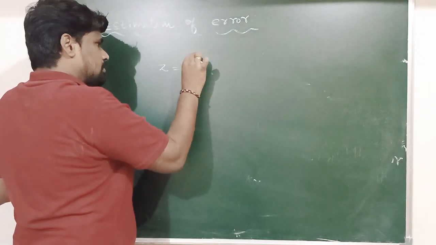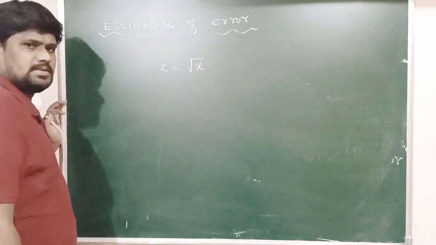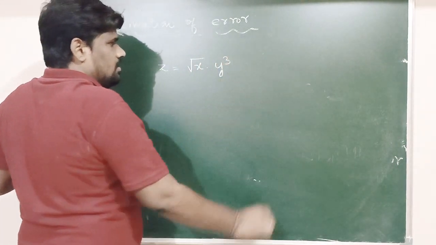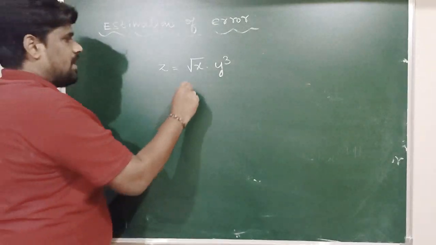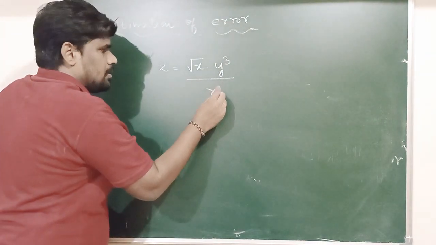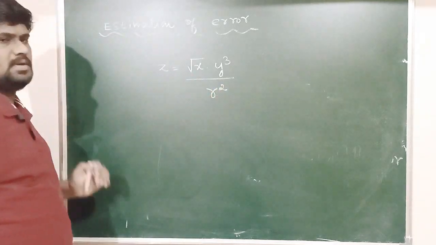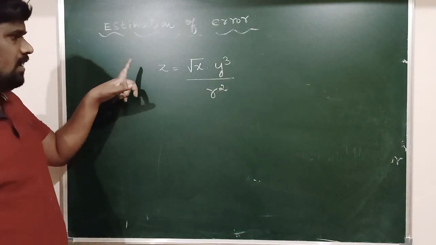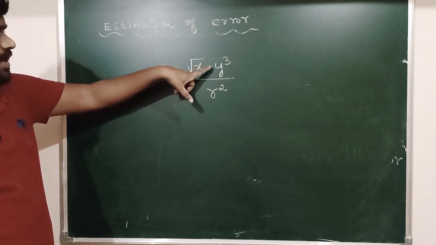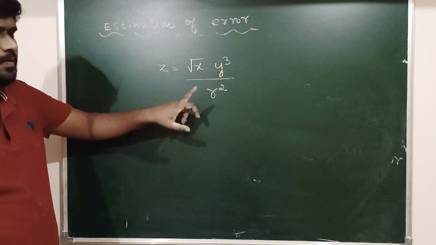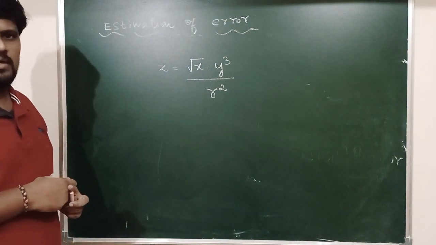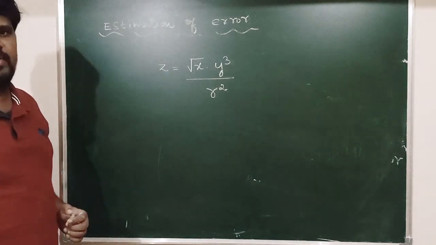x, that it depends as root of x into y power 3 divided by r power 2. Z is a physical quantity that depends on three more physical quantities: one is x, another is y, and the third is r. What is the maximum possible relative error in the measurement of z?